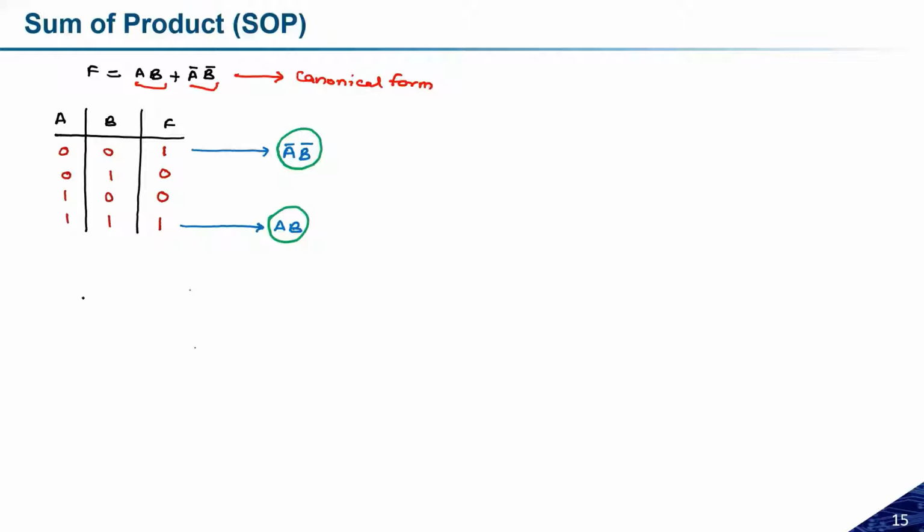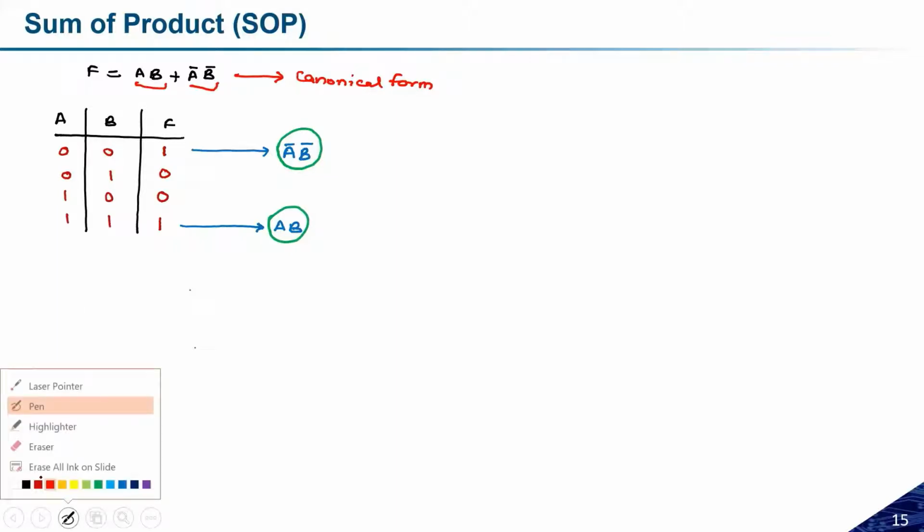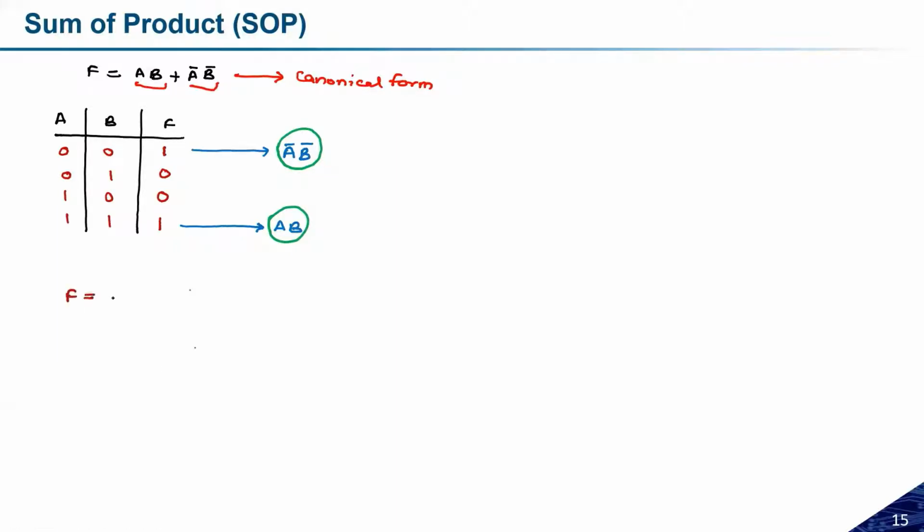Suppose I have a function something like this. Let us assume f is equal to a plus b bar c. In this, I have three different variables, a, b, and c. But in the first term, I have only a. In the second term, I have only b and c. So in the first term, b and c are absent, and in the second term, a is absent. So I cannot say this function is in the canonical form.